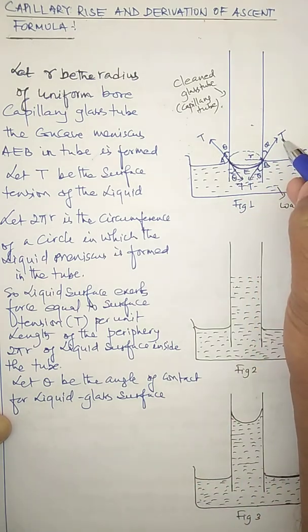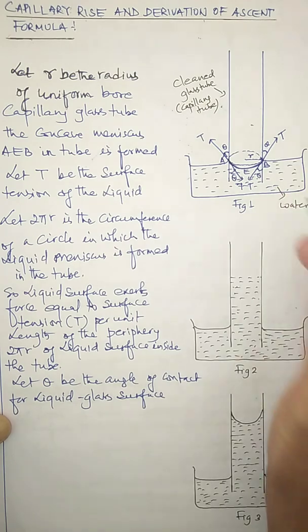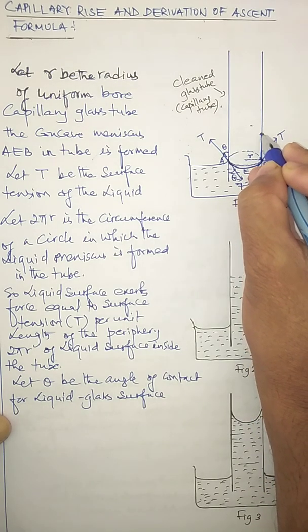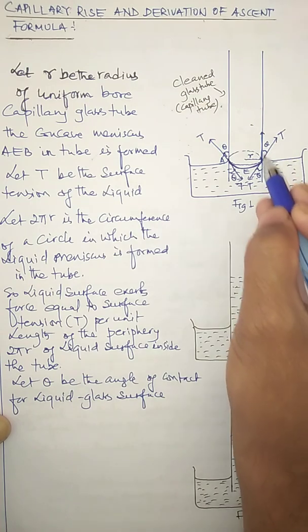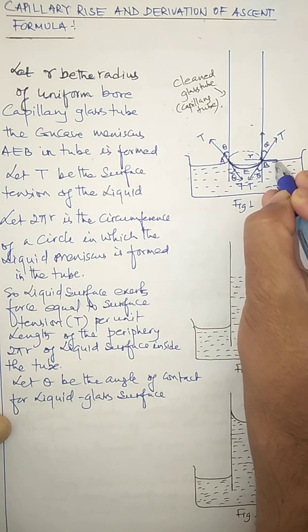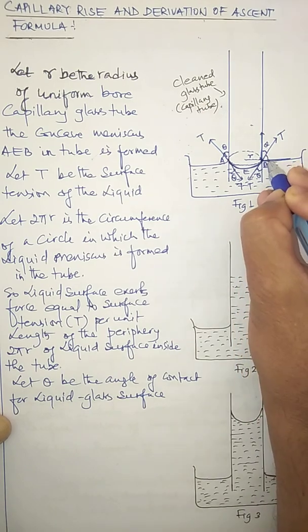Now this force I can split into two components. One is the component parallel to the theta angle, and there is a component which is at an angle of 90 degrees minus theta.